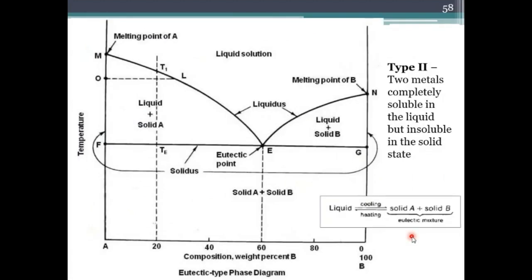Here it will be still clearer: two metals completely soluble in liquid but insoluble in solid state. So this is the phase diagram for type 2 components. In the bottom it will be solid A plus solid B. Above it is liquid. This gap will be liquid plus solid B, and this gap will be liquid plus solid A. Here it is solid B, here it is solid A.